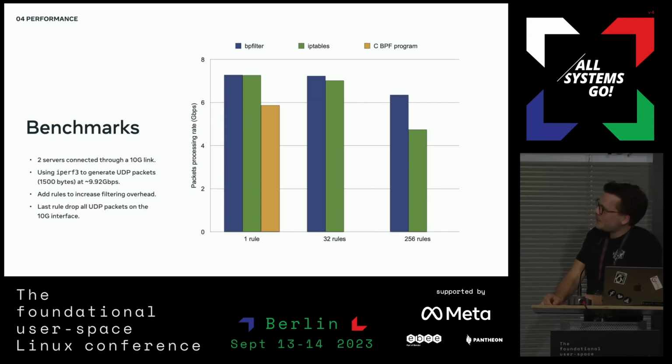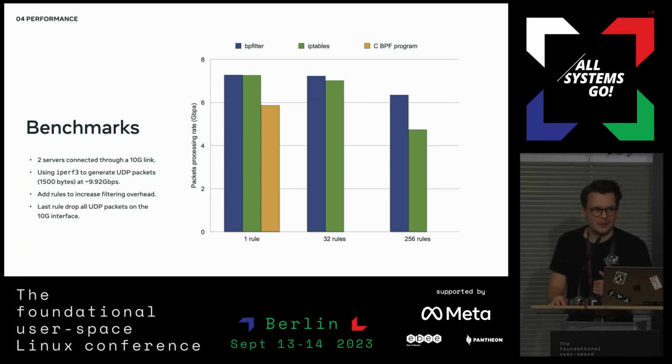I don't have the cBPF program tested with more rules, because the rules are generated with a specific pattern. And if you write the program to filter yourself, you won't just check every combination of the pattern. You write something smarter and check against the pattern itself. So it doesn't make sense to compare it to processing all the rules.